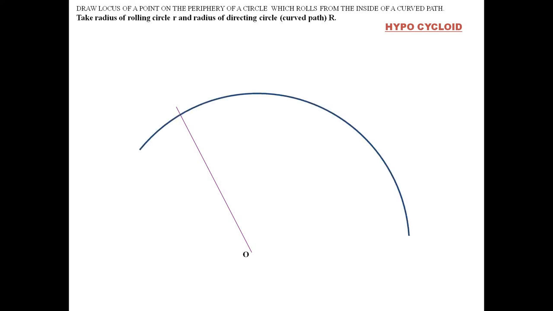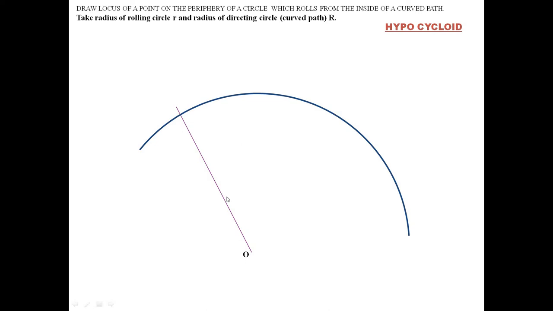Given the radius of the rolling circle as small r and the radius of the directing circle as capital R, the method is the same. We'll take a suitable point O, and with this we'll draw a radial line of a radius equal to the radius of the directing circle, and then we'll draw an arc. This is the curved path, the directing circle curve.